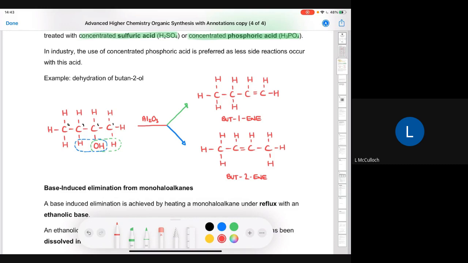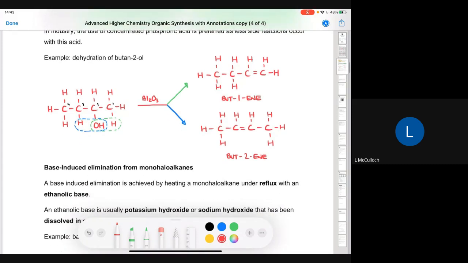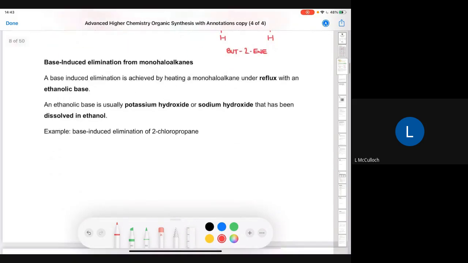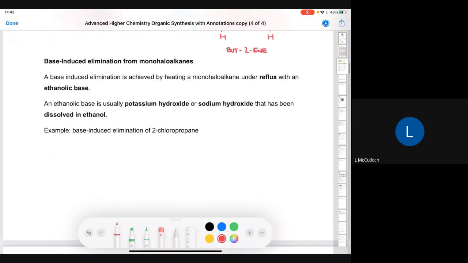All right, so we'll go on now to look at our second type of reaction, which is a base-induced elimination from monohaloalkanes. So we'll start by saying a base-induced elimination is achieved by heating a monohaloalkane under reflux with an ethanolic base.